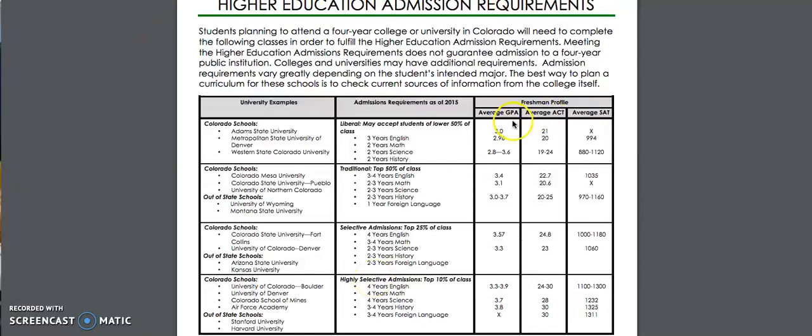Also, what is the average GPA of students they are admitting, and ACT and SAT averages. So if we just took, for instance, Colorado State University, CSU in Fort Collins.